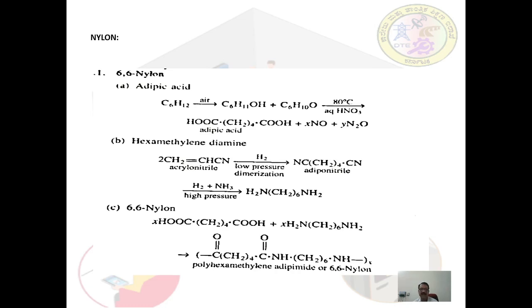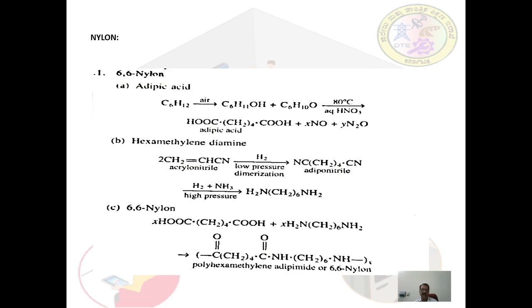Here adipic acid is formed by oxidation of cyclohexane to cyclohexanol and hexanol. On further oxidation, at 80 degrees centigrade in presence of aqueous nitric acid, adipic acid is formed along with nitrous oxide.